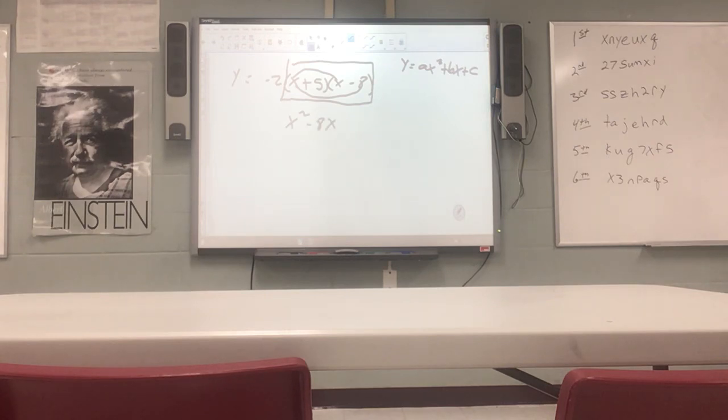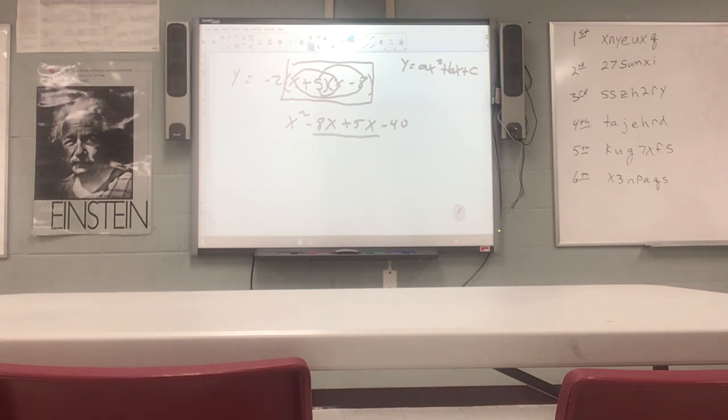This is stuff you did in Algebra 1 that we're looking at now. I'm gonna take the 5 now times the x. Remember last week I called this FOIL, or you can say distribute. And then the 5 times the -8. Now I could distribute that -2 now, but there's one thing that will make it simpler that I need to do first.